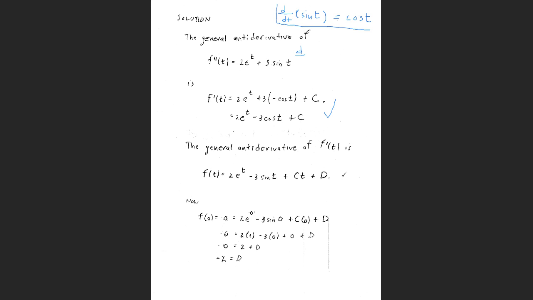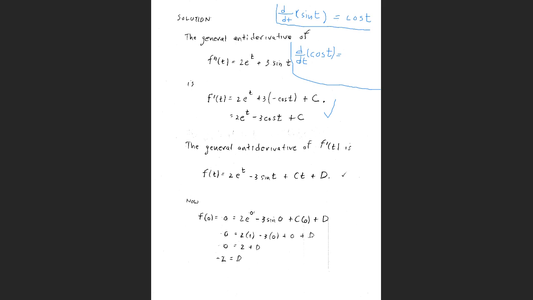Now let's also write down separately the derivative of the cosine of t. What's the derivative of the cosine of t? Minus the sine. Good.